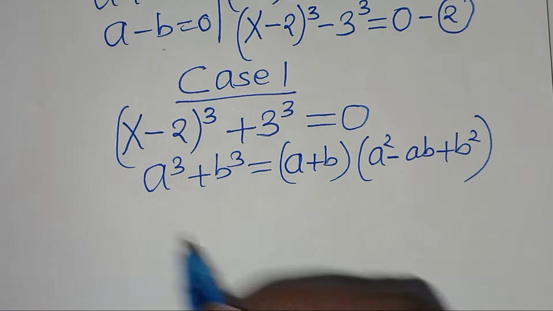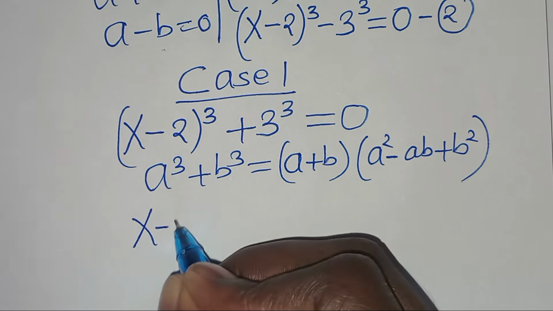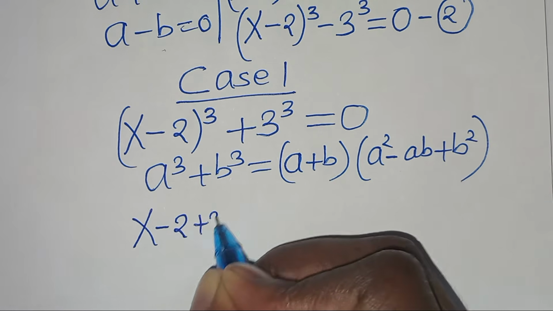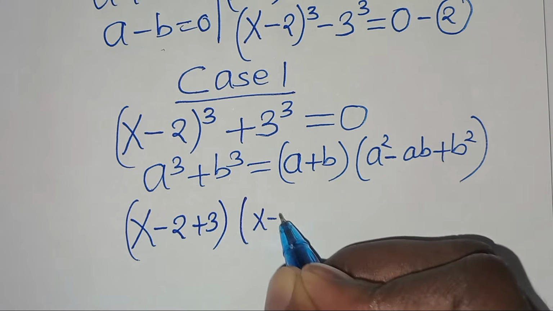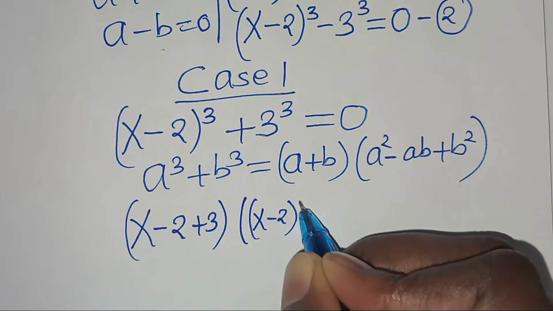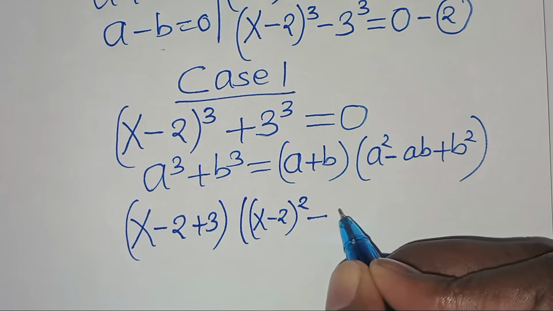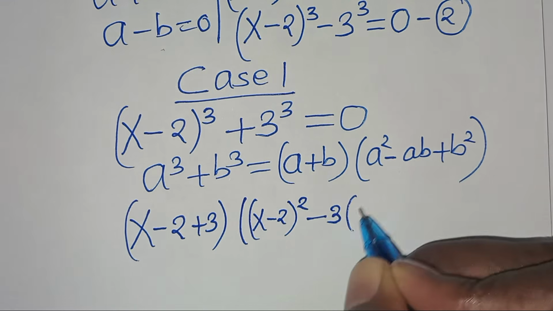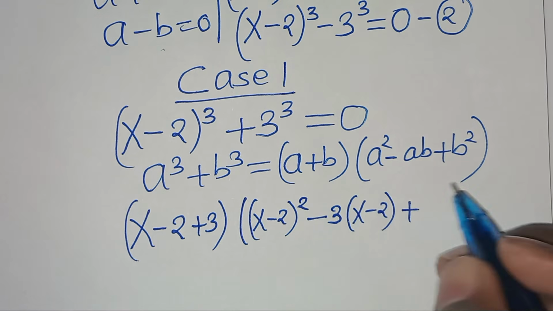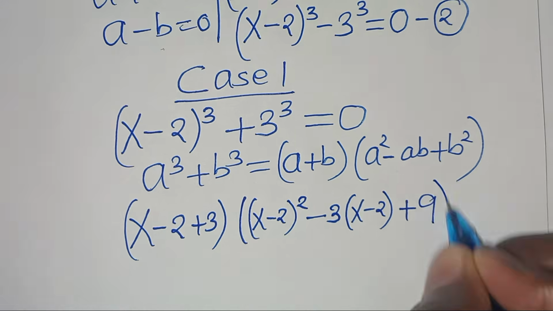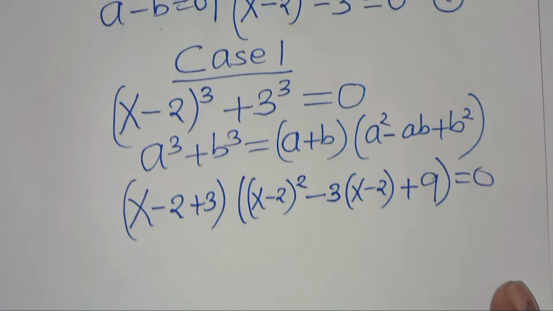So here we have (x - 2 + 3) multiplied by ((x - 2)^2 - 3(x - 2) + 3^2, which is 9), and this is equal to 0.